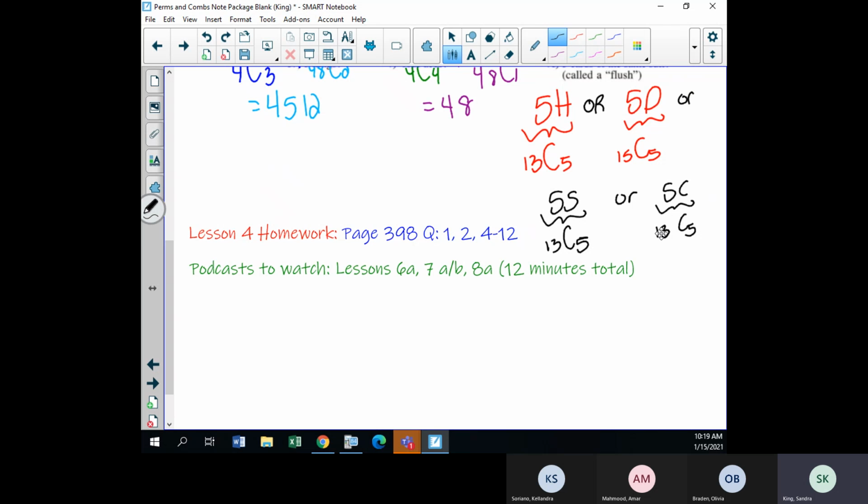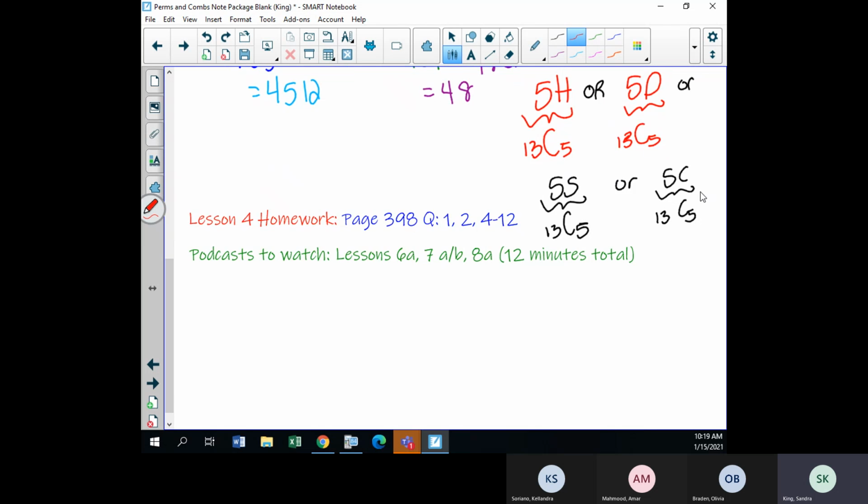So you could do it in this way. And you guys know that or means what? It means add. So it's going to be this. This one I messed up. It should be a 13. It's going to be this plus this plus this plus this. The way the textbook did it, so you could do it this way.